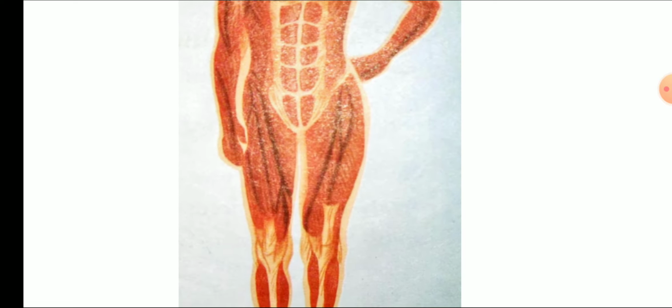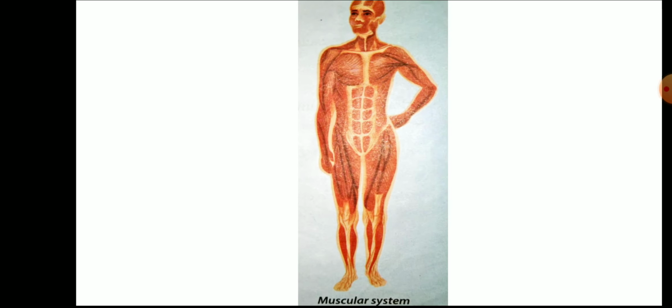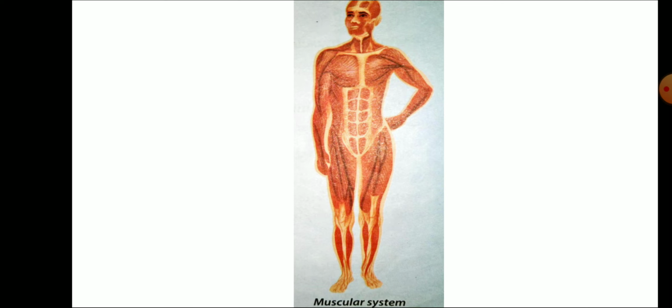Muscles are fibrous structures made of proteins. We have over 600 muscles in our body. They are under the skin and surround bones, organs or other body parts.